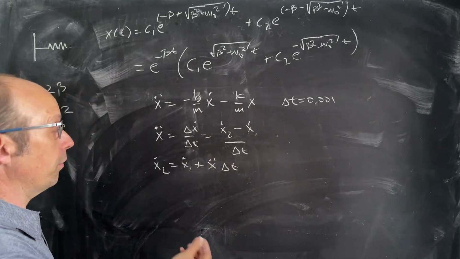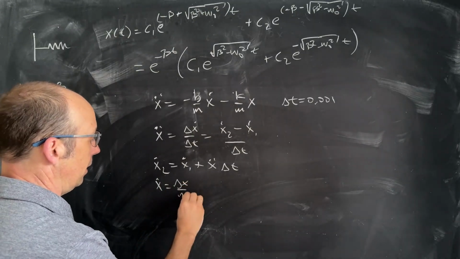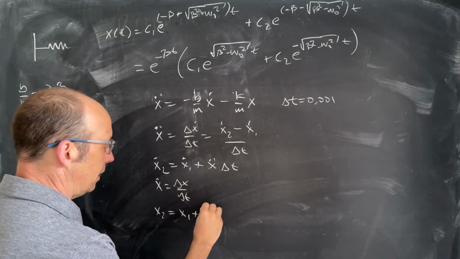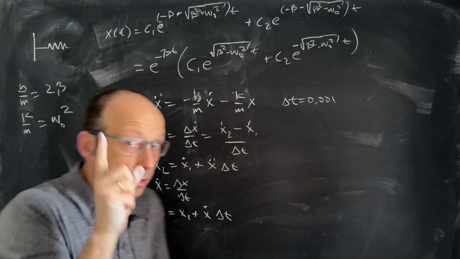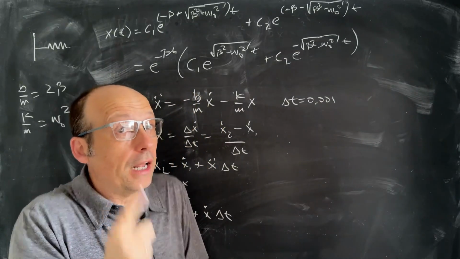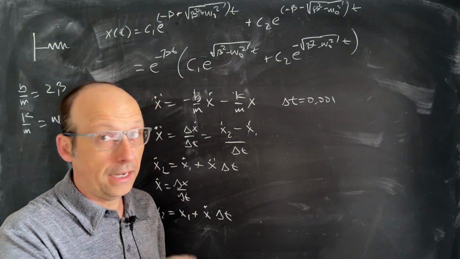Now I can do the same thing with position. I can say x dot is delta x over delta t. So I get x2 is x1 plus x dot delta t. And then I just do the whole thing over and over again. But you need initial values for x and x dot, and you need numbers, right? I need the value for b, I need the value for m, I need the value for k, I need all of that stuff.